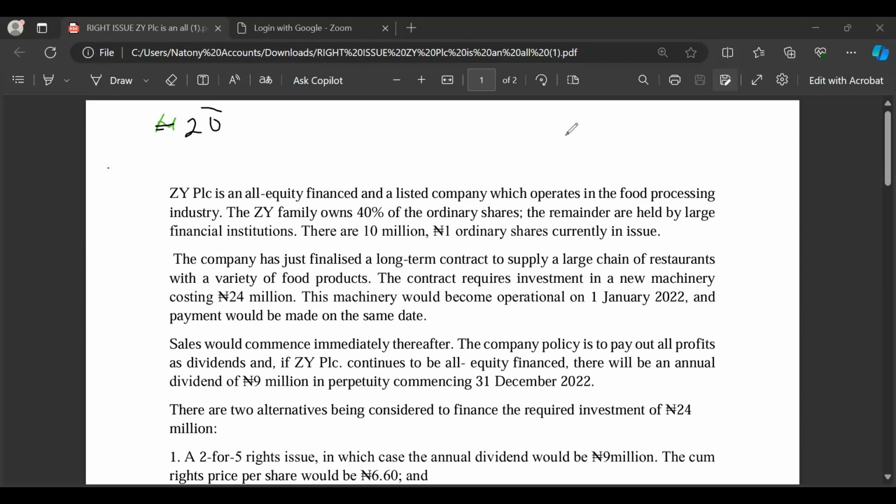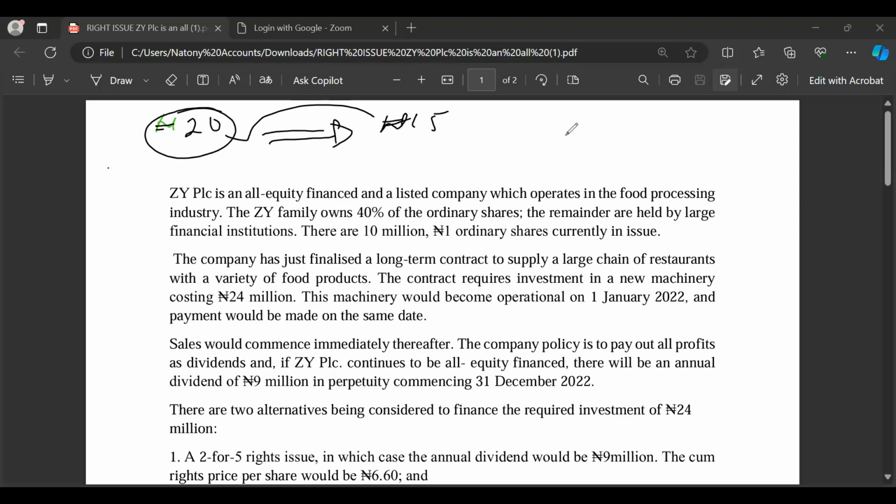The examiner could tell you that the right issue will be issued at the price of 15 naira. If this is the case, you know that these shares are issued below the market price of 20 naira, and it is a right issue.